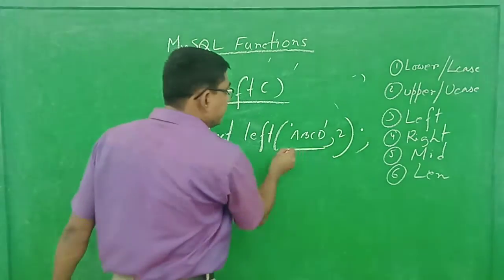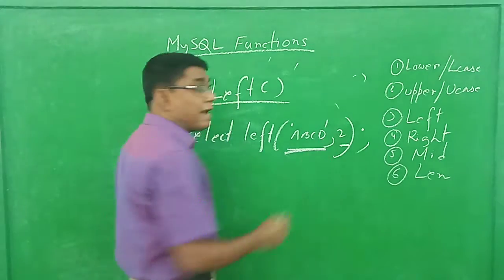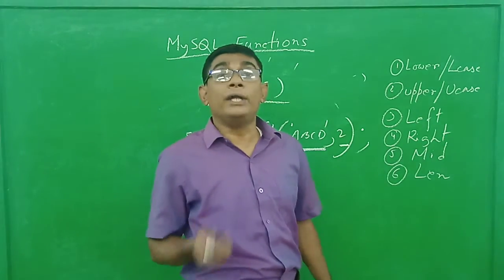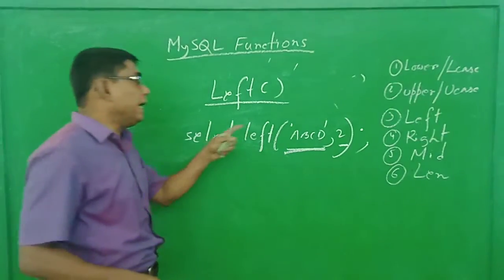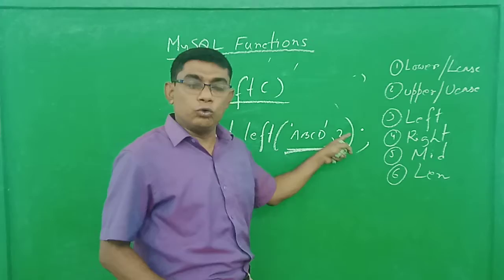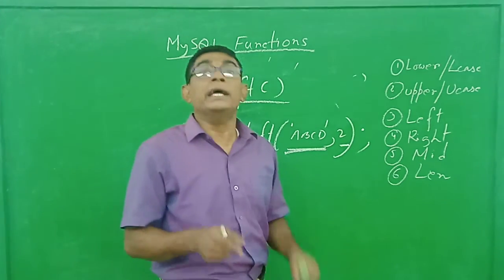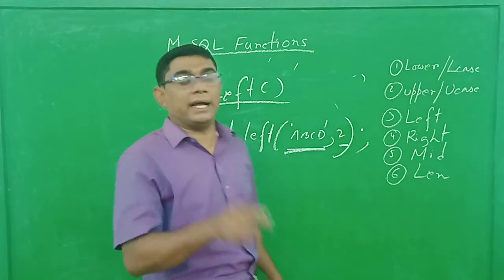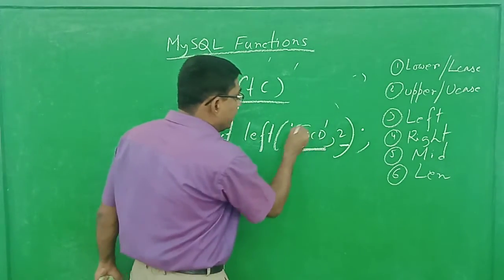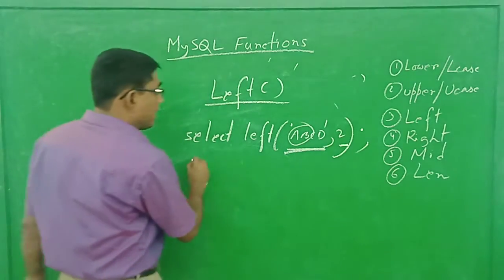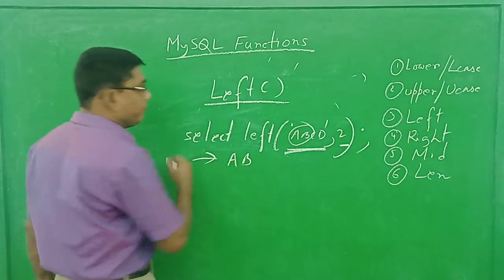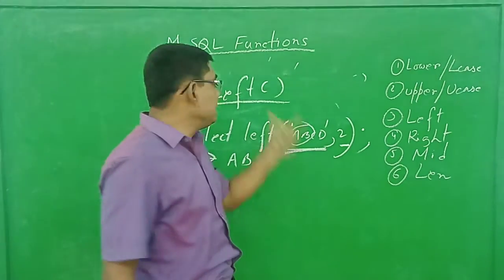This is the string, and 2 is the number of characters we want to extract. So from the left hand side it will extract 2 characters. The answer is AB.